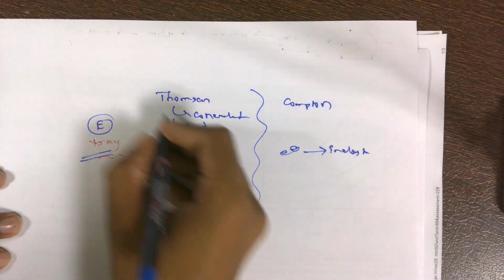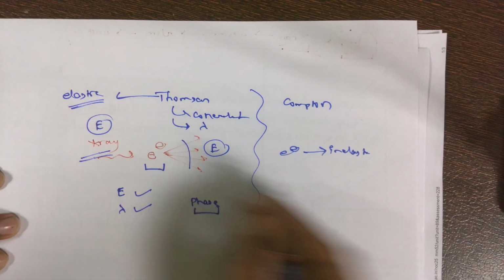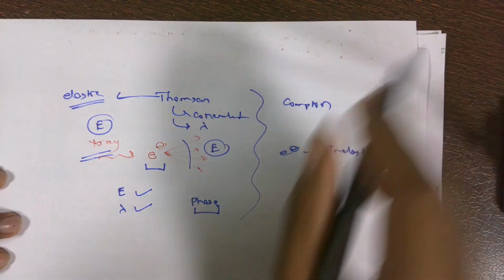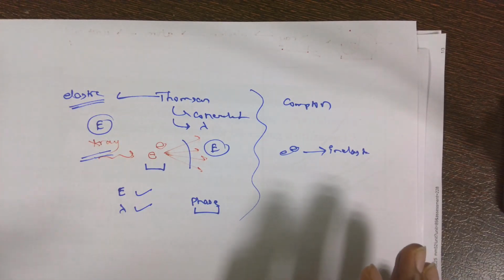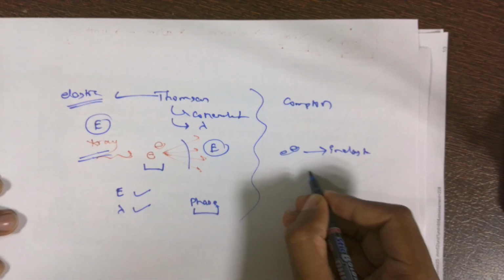In Thomson scattering, it was elastic. Here it's inelastic scattering. Since it's inelastic, the characteristic nature which our X-ray was having, it is going to lose. The energy will spread. There is a spread in the energy.